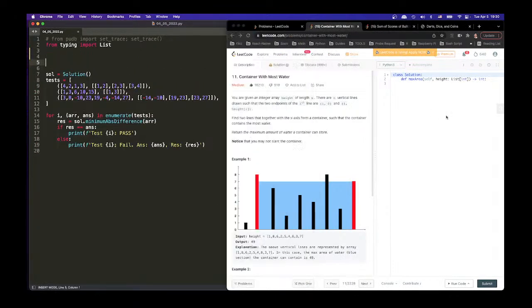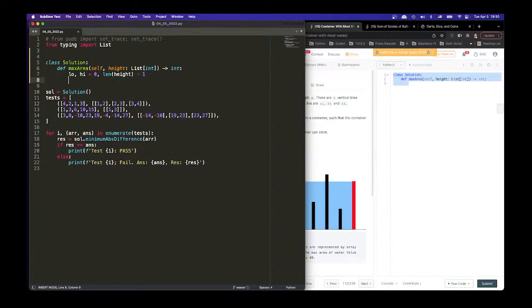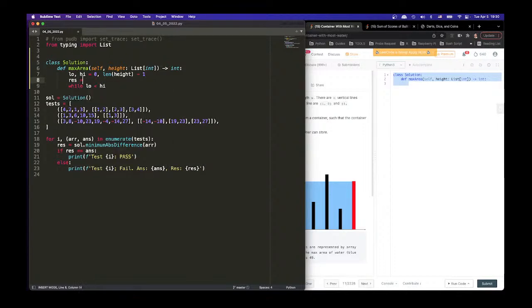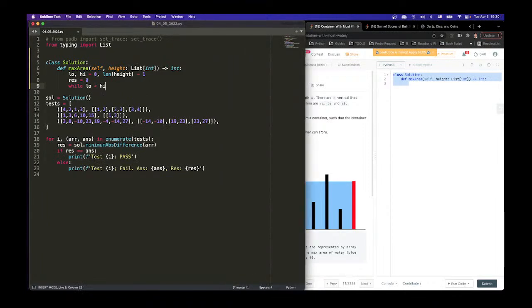All right, let's see. So we have low and high, right? Two pointers, 0 and length of height minus 1. And then we can say while low is smaller than high. We want a maximum, right? So rest equals 0, while low is smaller than high.